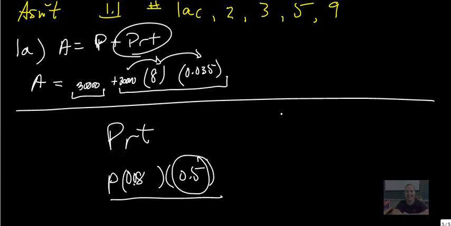For question 2b, it says suppose the interest is paid semi-annually and Cam withdraws all the money after 3.25 years. How much money will he have?